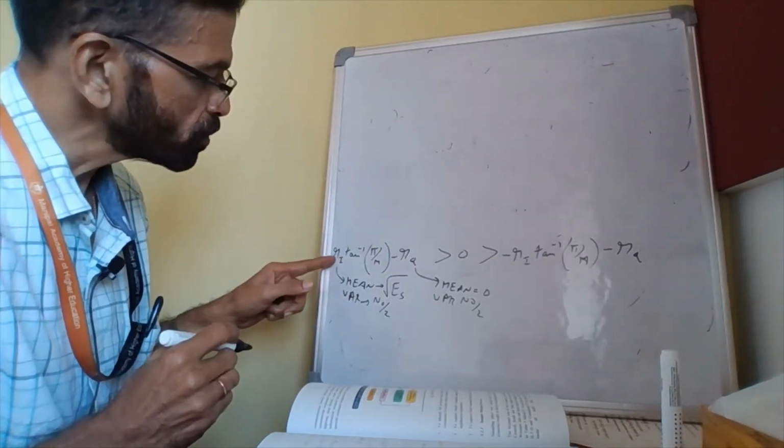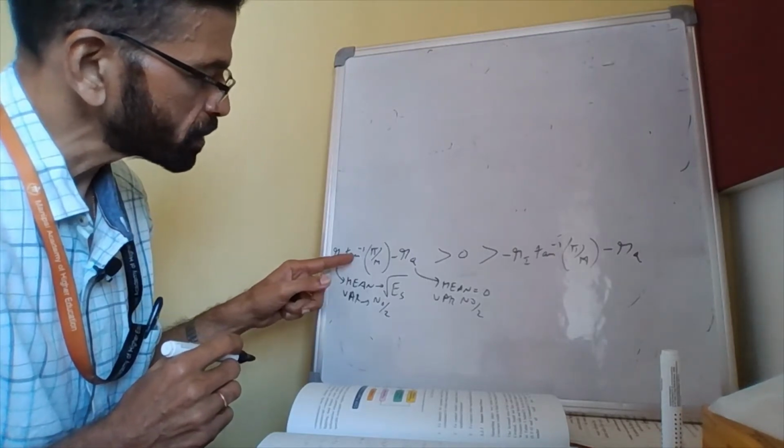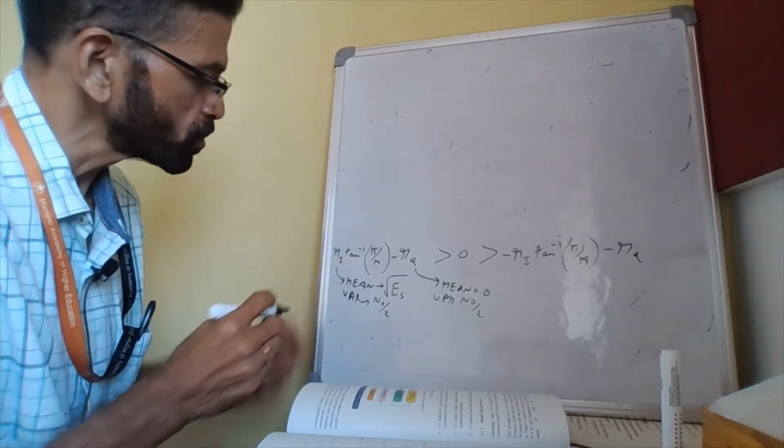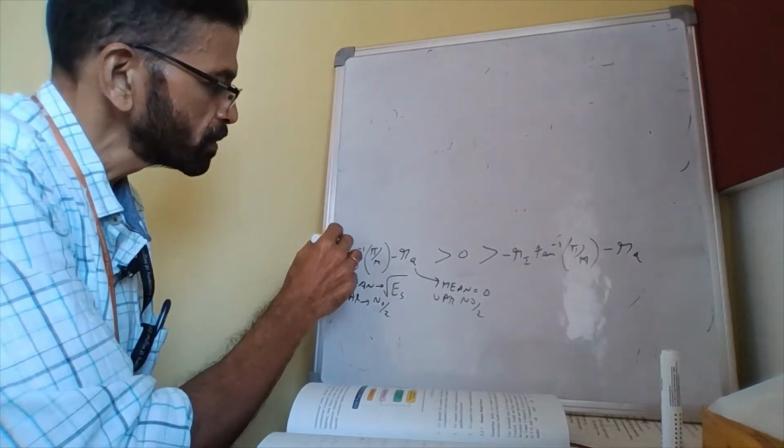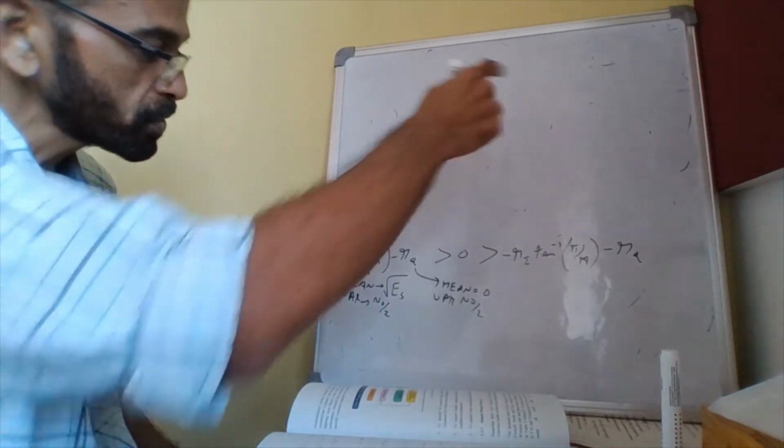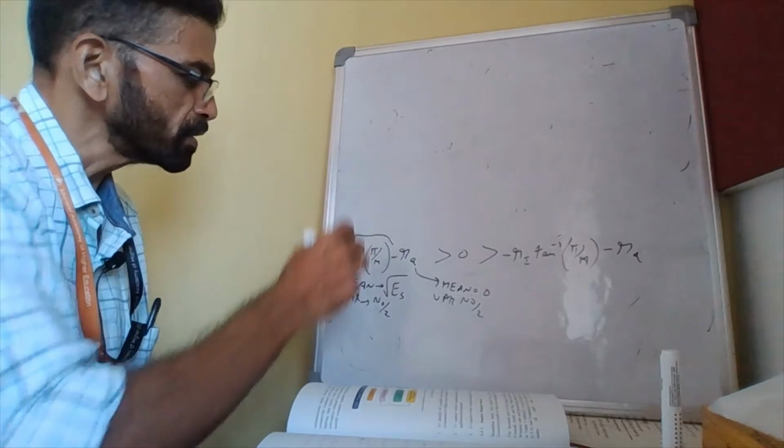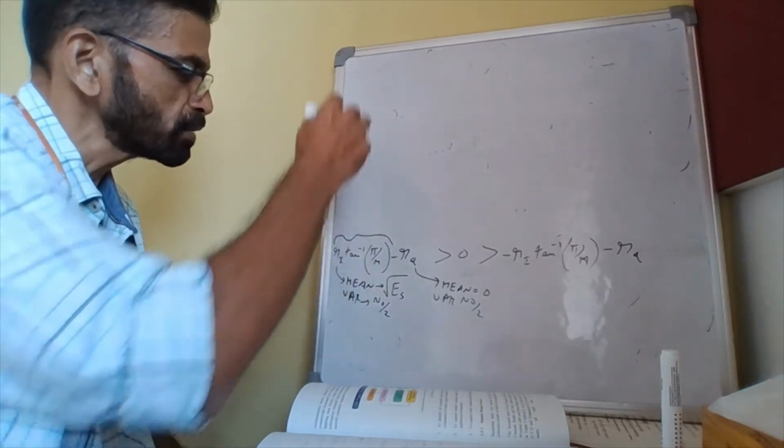Now what happens when you multiply Ri with tan inverse pi by m? What happens to its mean and variance? From what was discussed just now, its mean will simply get multiplied by tan inverse pi by m.